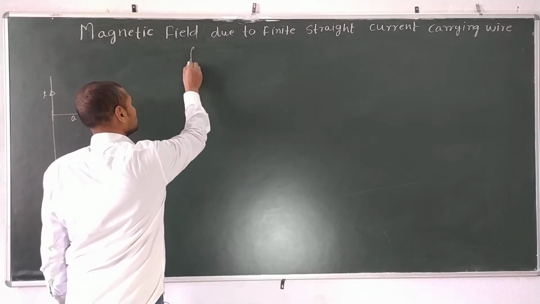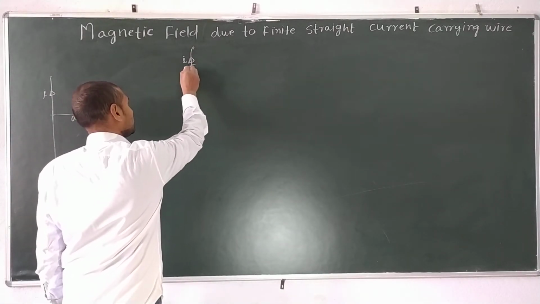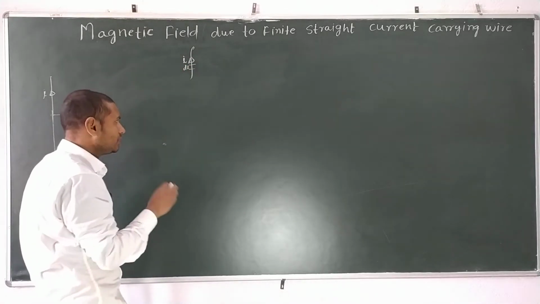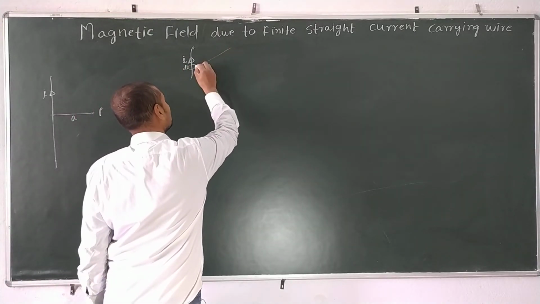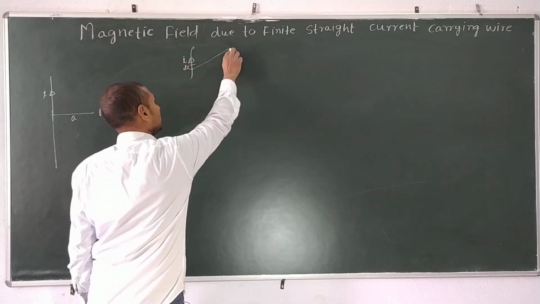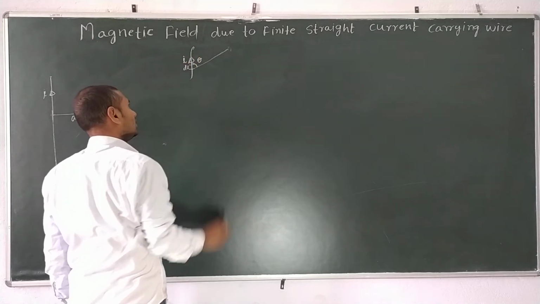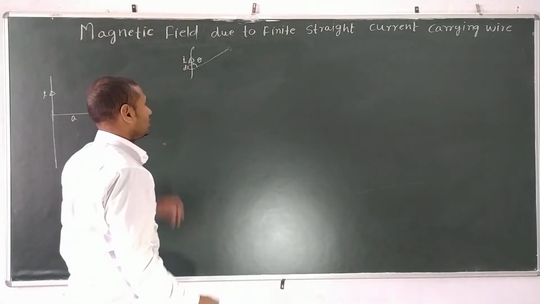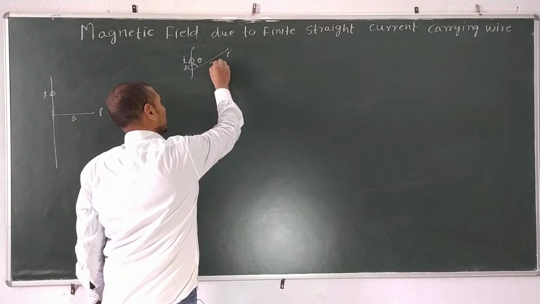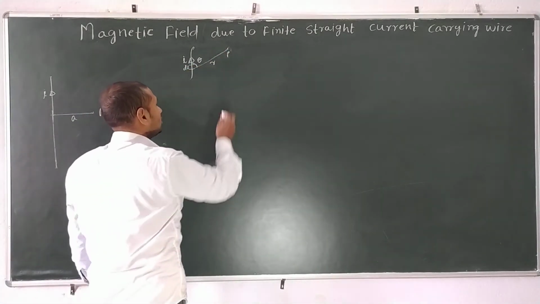Let us see here. Suppose there is a wire, and inside the wire there is a current I. Then we cut an element of length dl, and we have to find out the magnetic field due to this dl length at a point P at a distance r, which is making an angle theta.